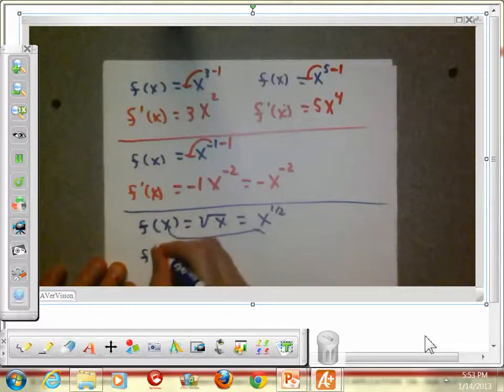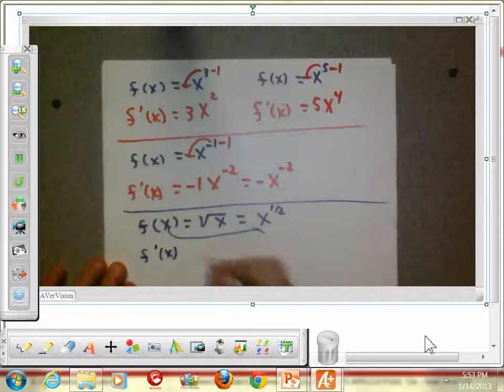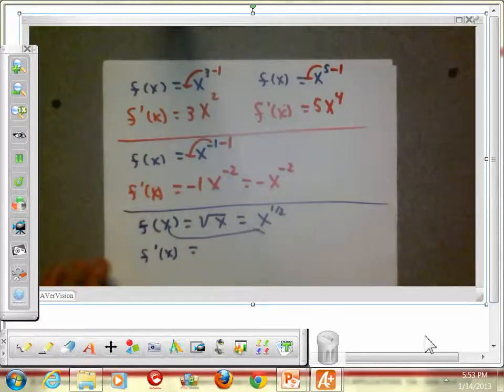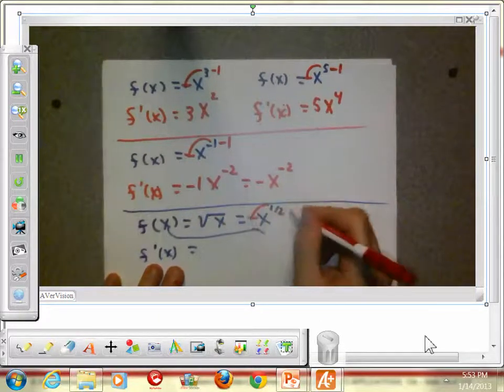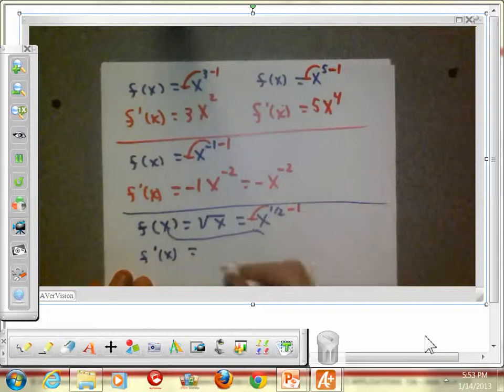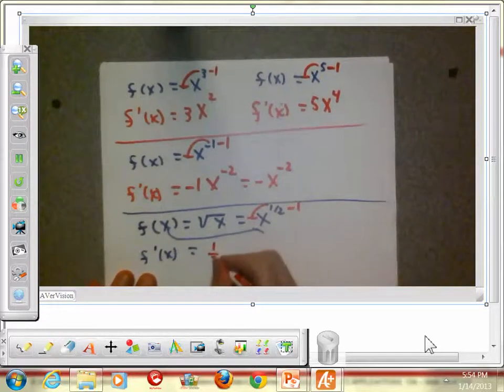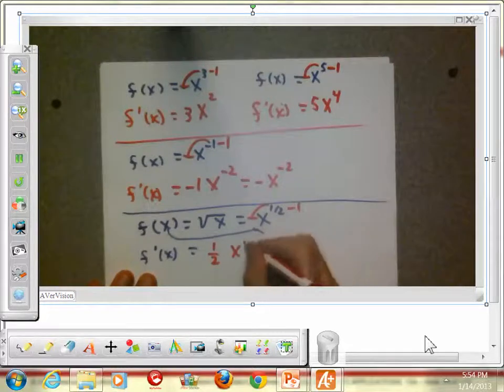So f prime of x, what I'm going to do is bring the 1/2 in front, and I'm going to subtract 1 from the exponent. So this is going to be equal to 1/2 times x to the... well, 1/2 minus 1 is what? Negative 1/2.